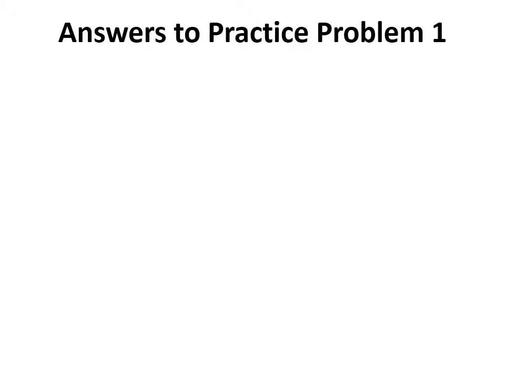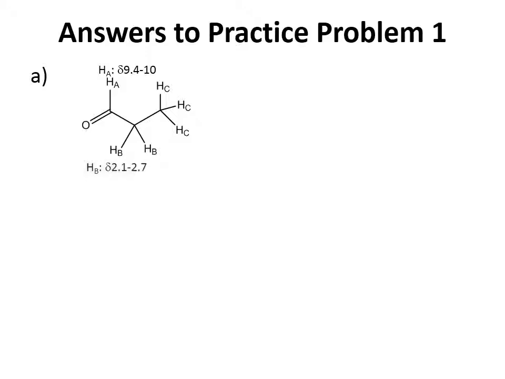Answers to practice problem 1. In Part A, the proton HA is an aldehyde with a chemical shift range of 9.4 to 10 ppm. HB represents a hydrogen atom next to a carbon next to C double bond O in either an aldehyde or ketone.